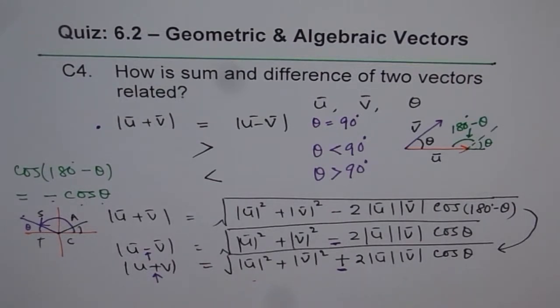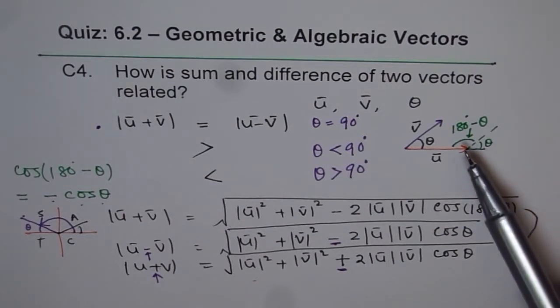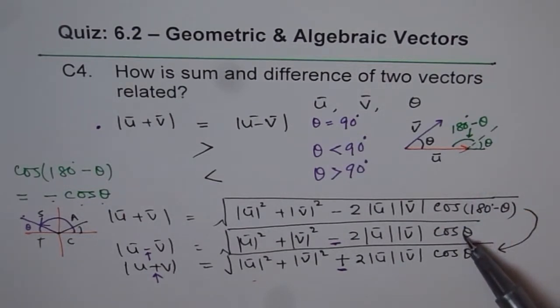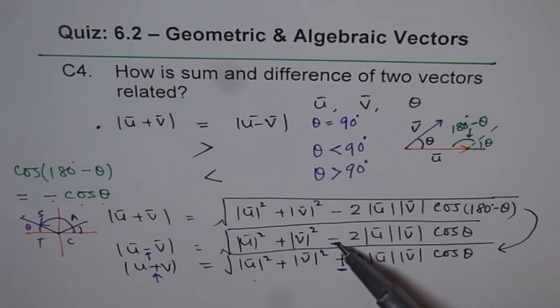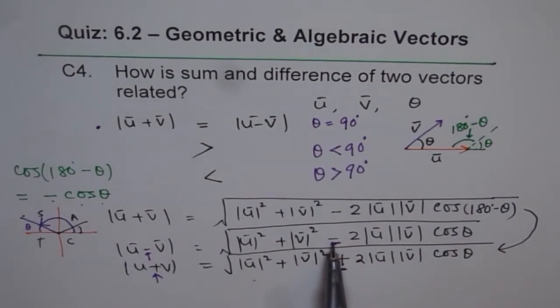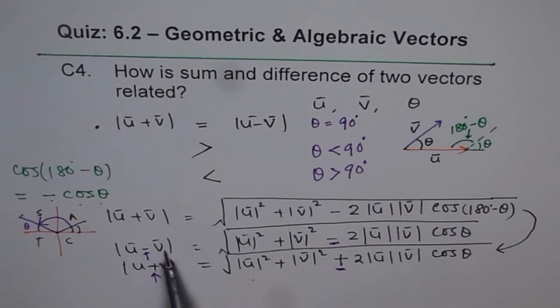But if theta is less than 90 degrees, then cos theta is positive, so you are always taking away. When you take away, then the difference becomes smaller. But in case theta is greater than 90 degrees, in the second quadrant, cos theta is negative. It makes this positive, and u minus v becomes greater, because you're adding something to it.